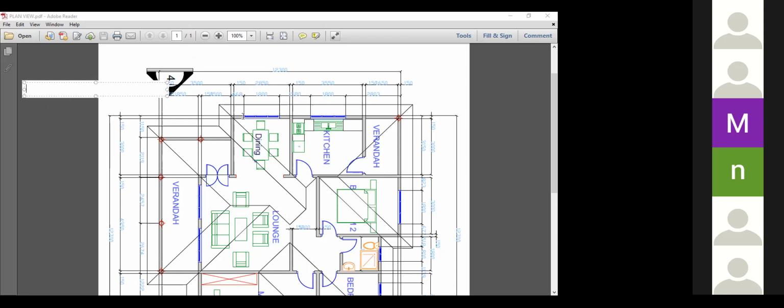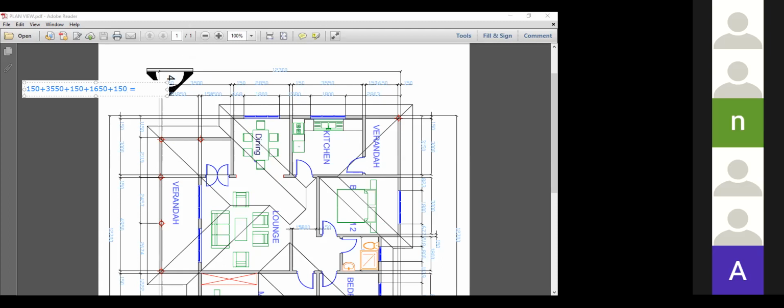I'll use this upper section to add them up because they are clearer. So I have a 150, then a 3550, then a 150, then a 1650, then a 150. So this is what I'm calling my waste work. In simple terms, waste work is referring to rough work.